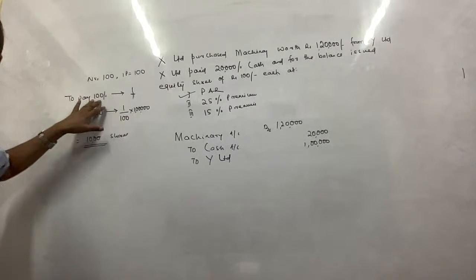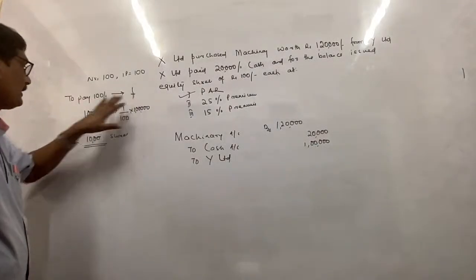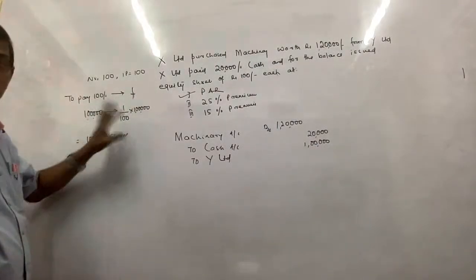So to pay 100 rupees, I have to issue 1 share. So to pay 1 lakh rupees, I have to issue 1,000 shares.